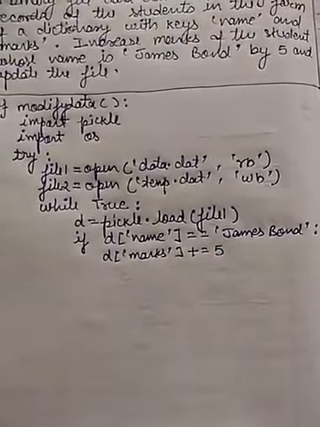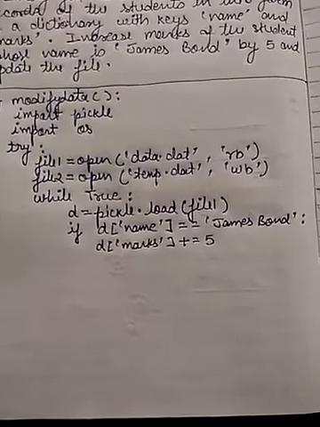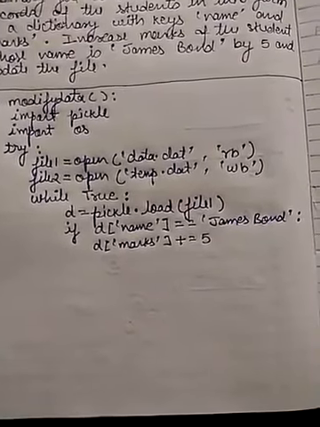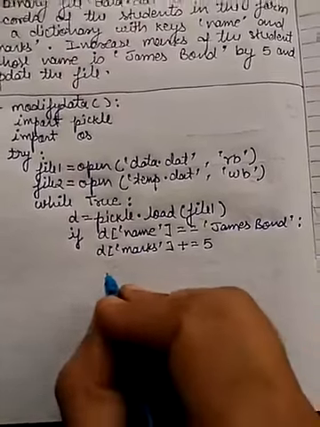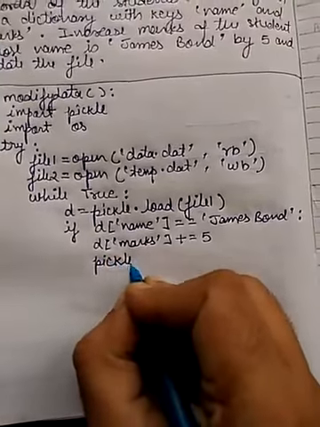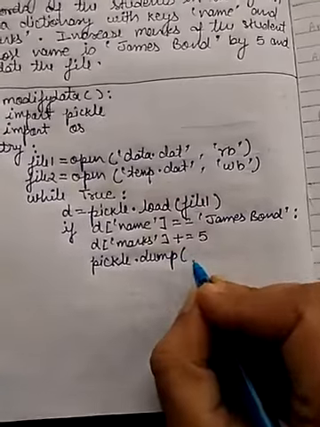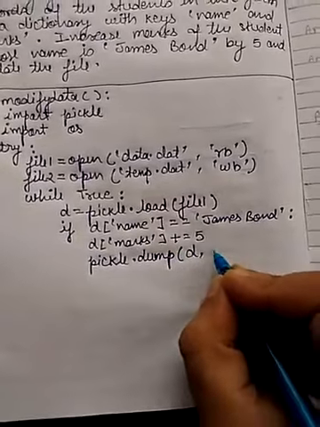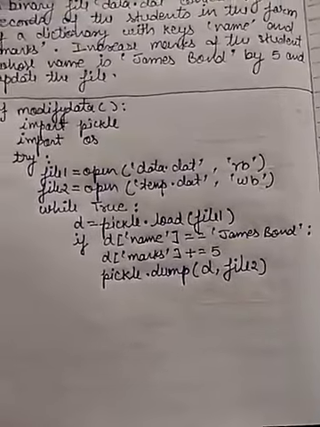In this way we have increased the marks of the student who is having the name James Bond. Now I have to write the updated dictionary into file2. So I am writing pickle.dump, what? This dictionary, where? In file2.